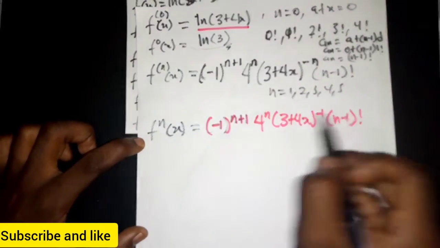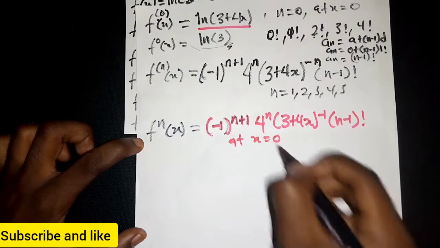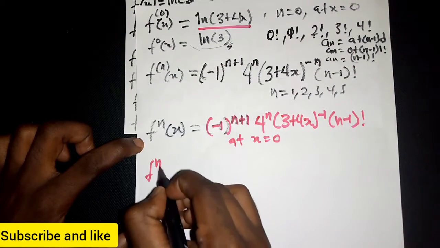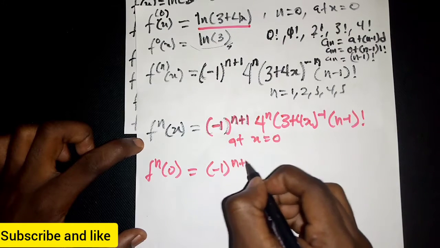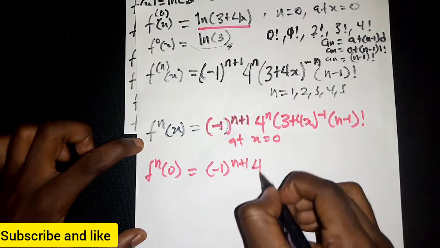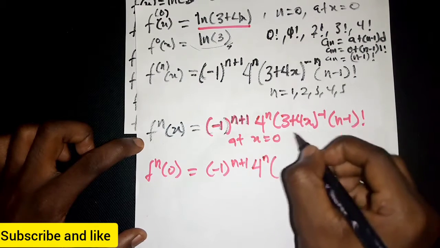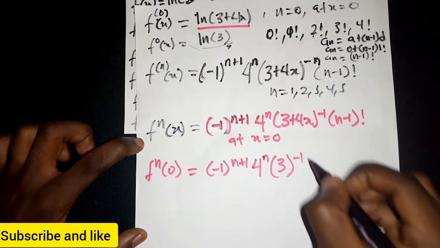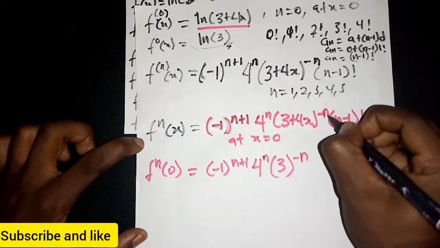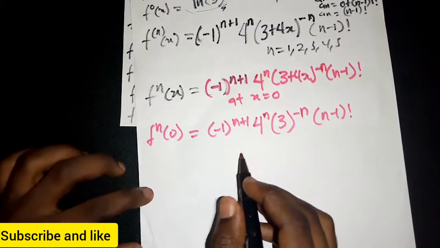Okay, so with this we are saying that at x is equal to 0, then we can have f of 0 here, then we have negative 1 to the n plus 1, then we have 4 to the n over here. So when x is 0, it goes away, then we have this negative 1, so it is negative n, then we have negative 1 factorial over here.